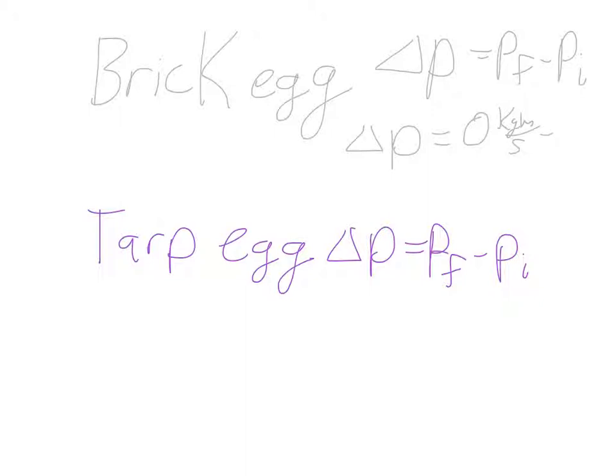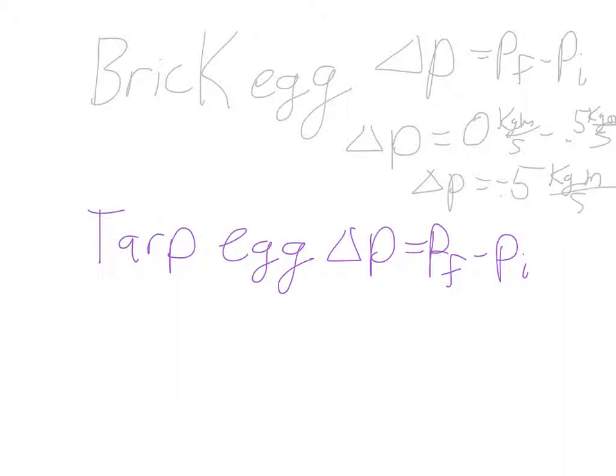And we will subtract from that the initial momentum the egg has, which will be its mass times its initial velocity, which would give us 0.5 kilogram meters per second. So for the brick egg, the change in momentum was negative 0.5 kilogram meters per second.